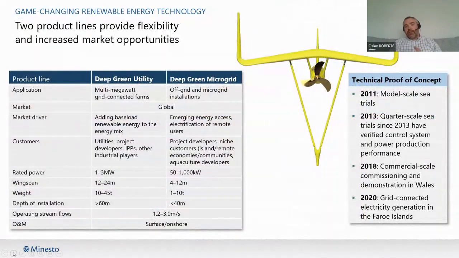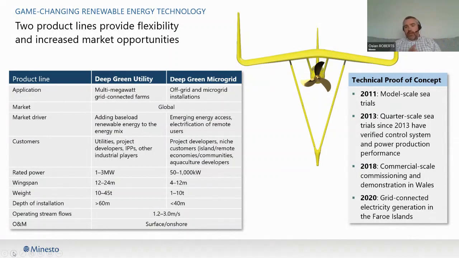And the exciting thing about this is we have 2 product lines to provide us with this flexibility of where we can target. So we have the Deep Green utility device, which is generally available for multi-megawatt arrays, or grid-connected farms, as we could call them.